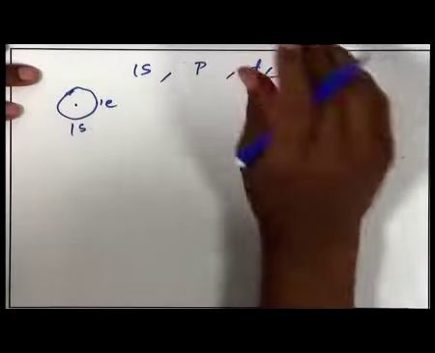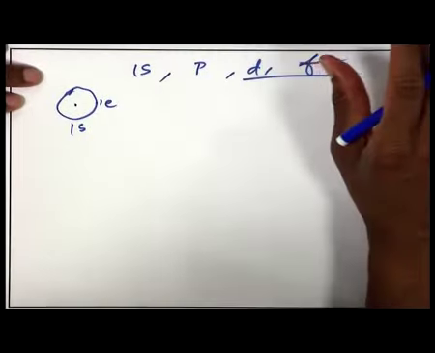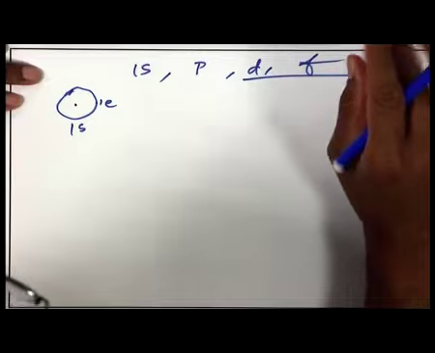Actually, what is an orbital? An orbital is a region around the nucleus where the probability of finding the electron is very high. When you take an orbital, the probability of finding the electron in that region is greatest.